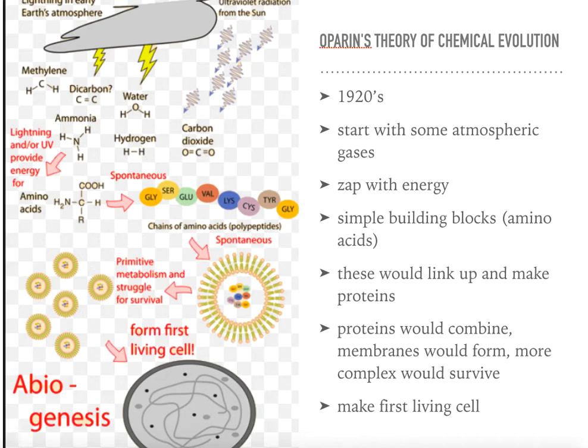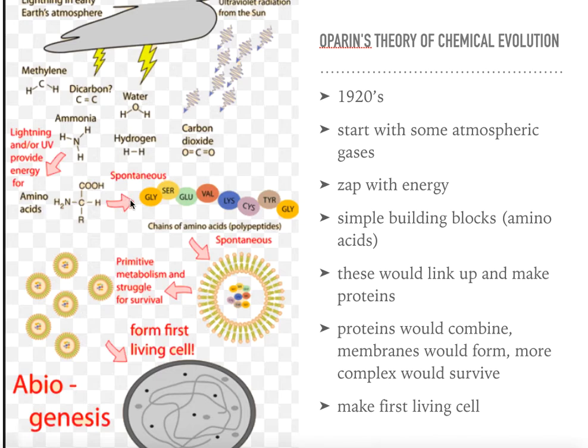So after Darwin, Oparin was a scientist who in the 1920s showed that yes, if we have these elements in the atmosphere and we zapped them with some kind of energy source, we could form amino acids.